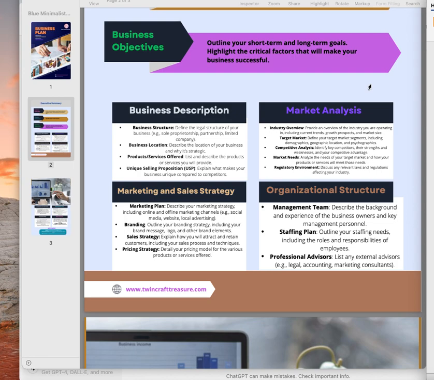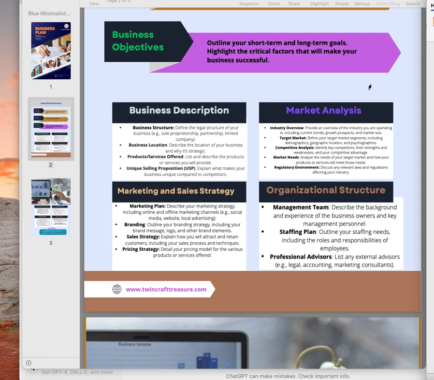Then competitive analysis, identify your key competitors, their strengths and weaknesses, and your competitive advantage. Next, you can include the market needs. You can analyze the needs of your target market and how your product or service will meet those needs. Then regulatory environment, you can discuss any relevant laws and regulations affecting your industry.